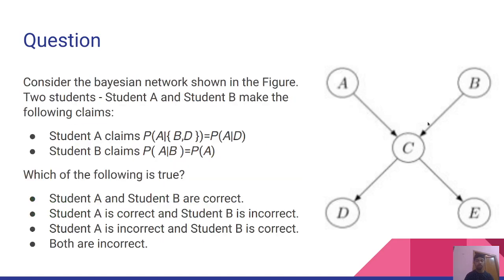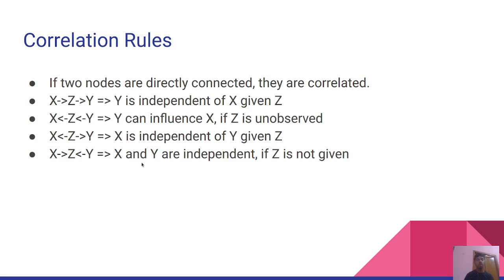So in this rule, X and Y are independent if Z is not given. So in this case, A and B are independent if C is not given.